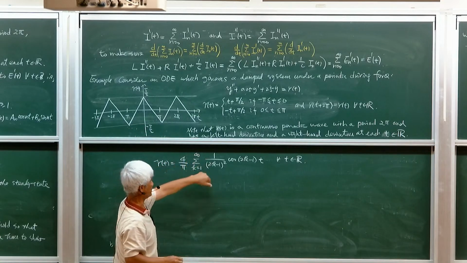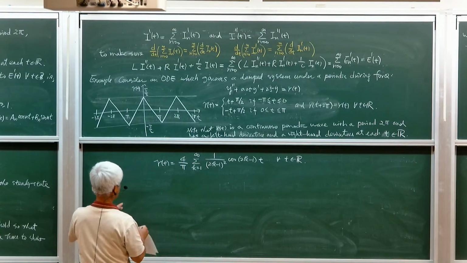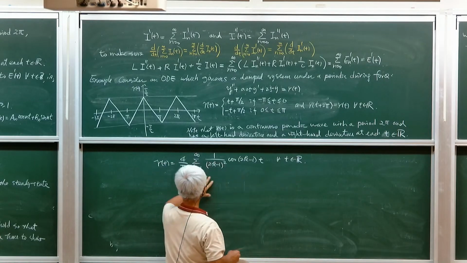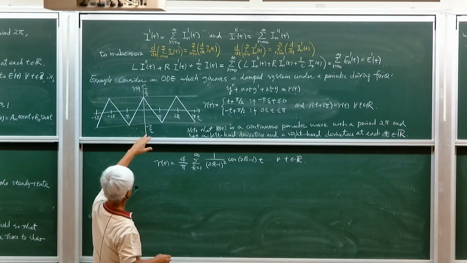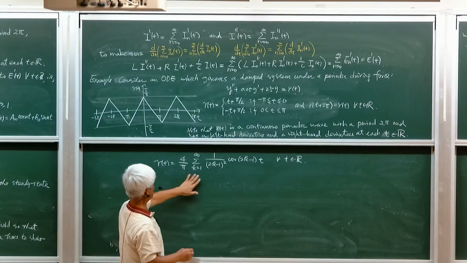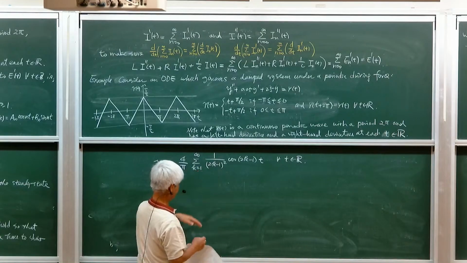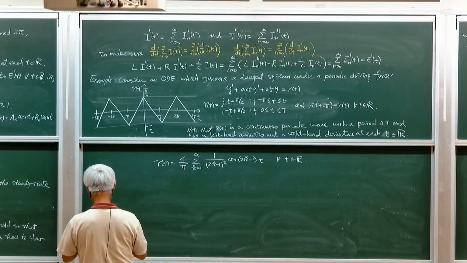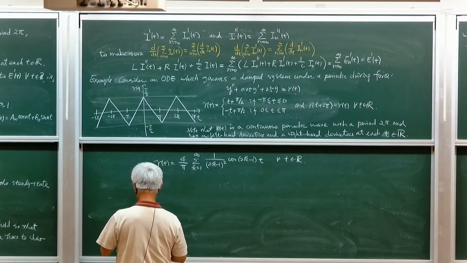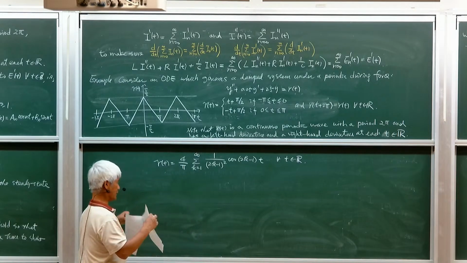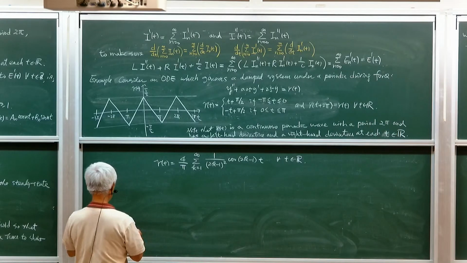So this is exactly for every t in R. This triangular wave is equal to the series sum of cosine functions.